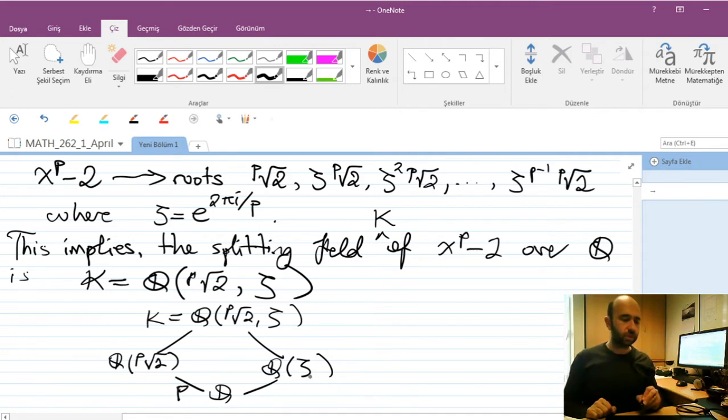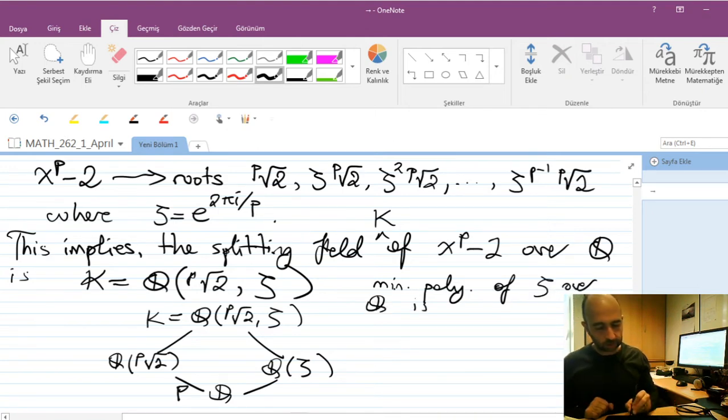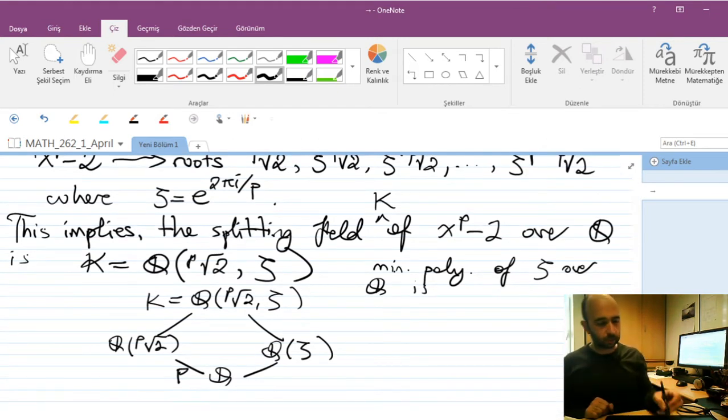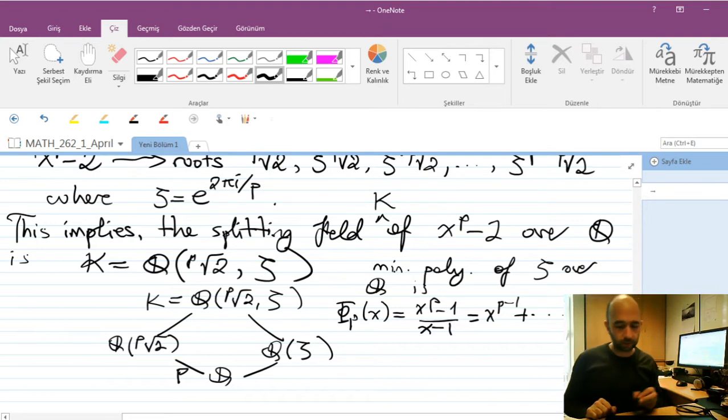How about Q(zeta) over Q? The minimal polynomial of zeta over Q is the p-th cyclotomic polynomial, and when p is prime, this is a particularly simple form. It's x to the power p minus 1 over x minus 1, which is the sum of all these powers of x from the 0th power up to the p minus first power.